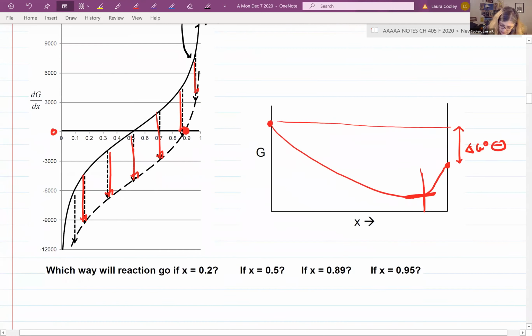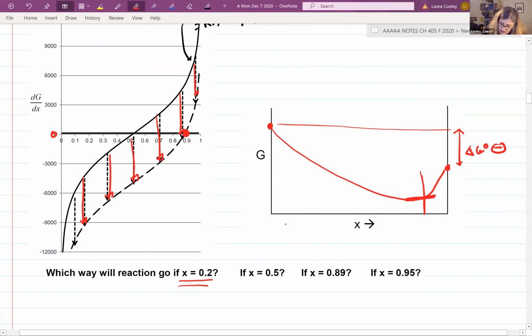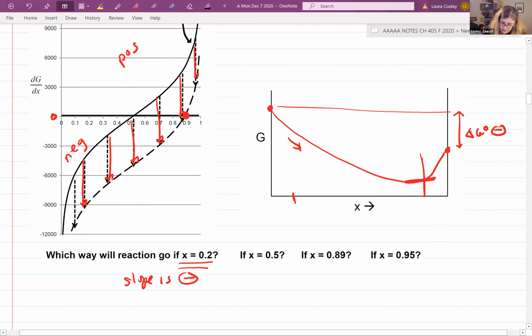So which way will the reaction go if X is 0.2? Well, we're over here. So you could see that the slope is pointing to the right. So here at 0.2, this is in the negative region. So the slope is negative at 0.2.